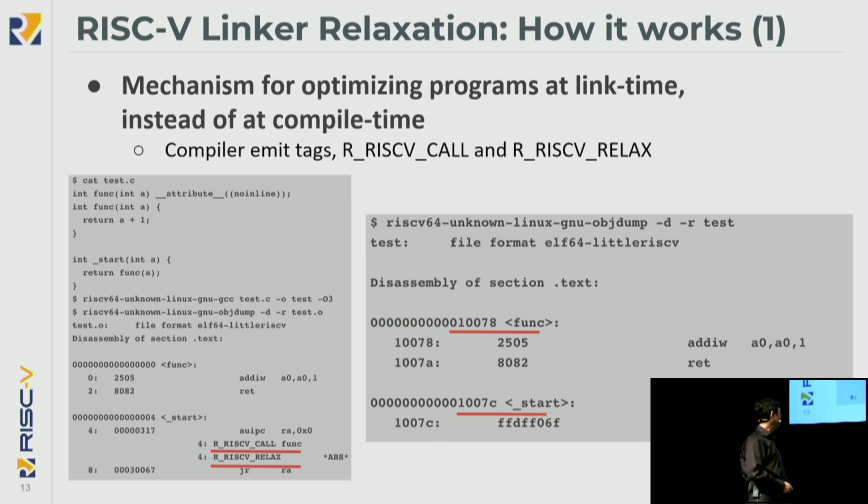In this case, I have an example called test.c. I have a function called func that simply takes the argument and returns +1 to that, and a start function that simply calls that function.